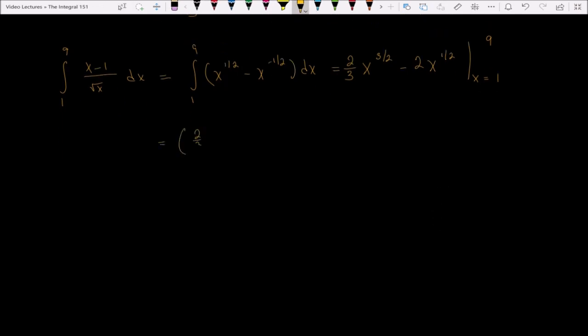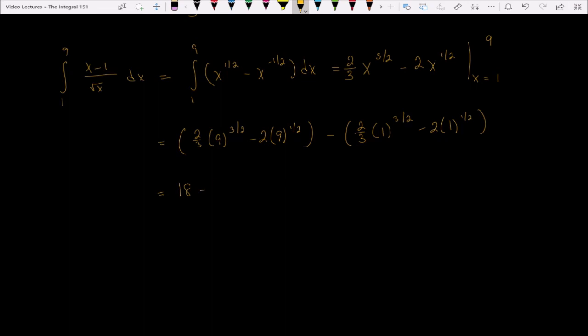And we get 2/3 times 9 to the 3/2, minus 2 times 9 to the 1/2. Then subtract from that 2/3 times 1 to the 3/2, minus 2 times 1 to the 1/2. Square root of 9 is 3. Cubed is 27. 27 over 3 is 9, times 2 is 18.